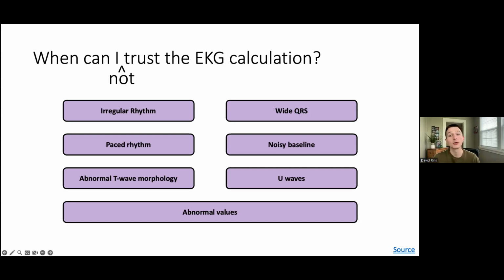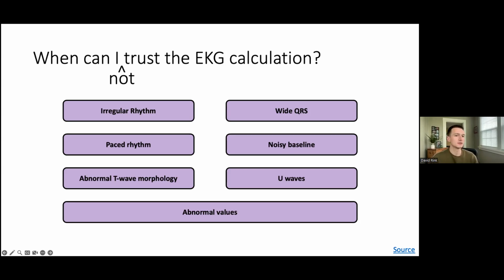But there are a number of circumstances that can result in falsely or incorrectly calculated values. And I would say that if you're ever concerned or having to make an important clinical decision based on the QT interval, it's never a bad idea to manually calculate it. Though when you need a quick safety check, it's not unreasonable to use the computer calculation.